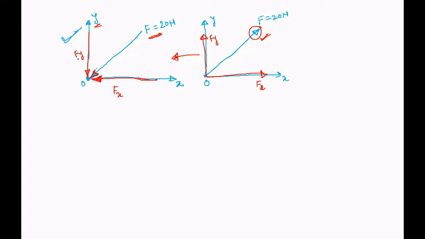Now we have to write the equation for Fx and Fy by considering the sign. Okay. So for Fx and Fy, consider the angle given with respect to x-axis, that is theta is equal to 30 degree.